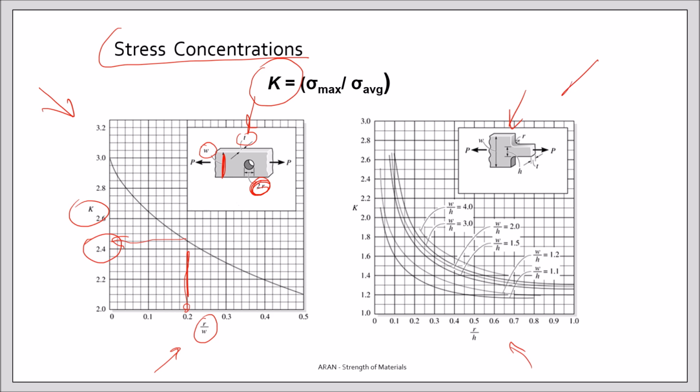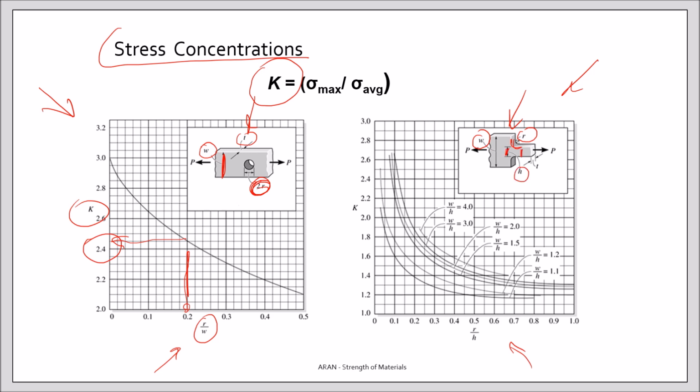For fillets, the influencing geometry is W, the radius of this fillet, and the thickness of the smaller section.